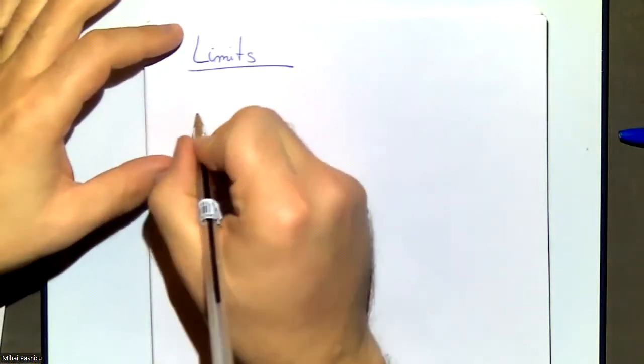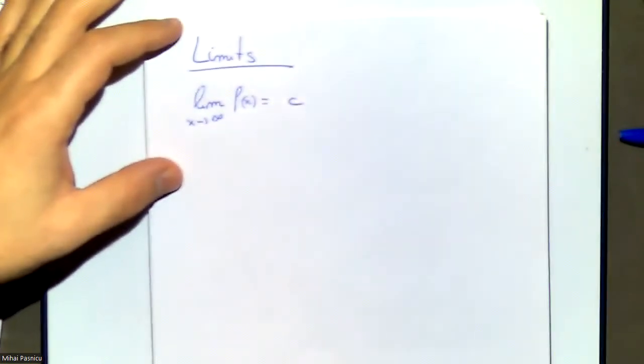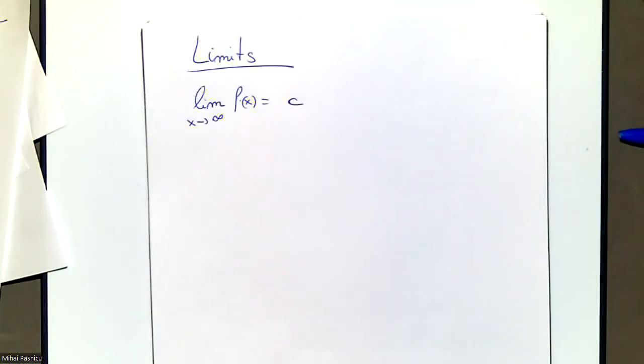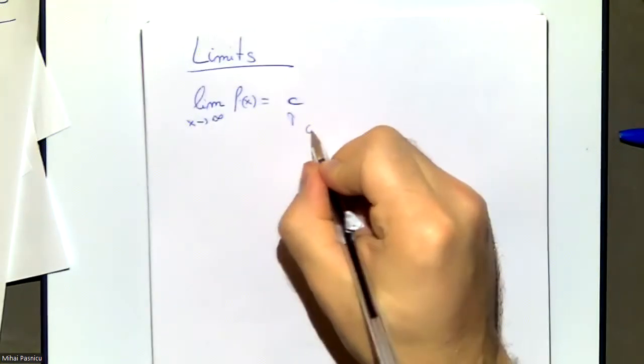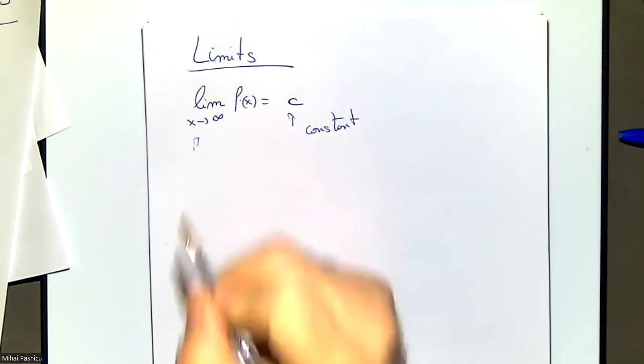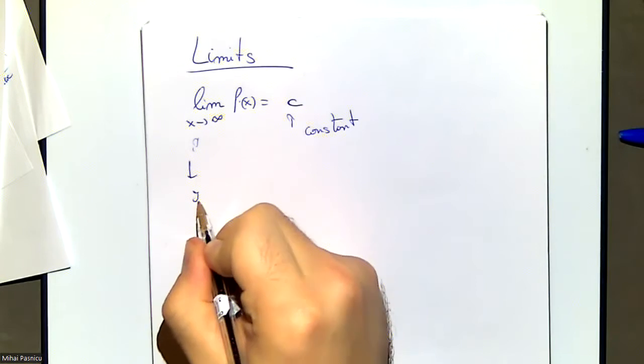When you say that the limit when x goes to infinity of f of x is equal to some value c, where c is a constant, this x goes to infinity.